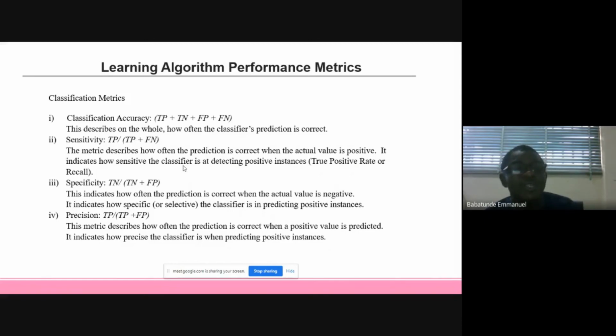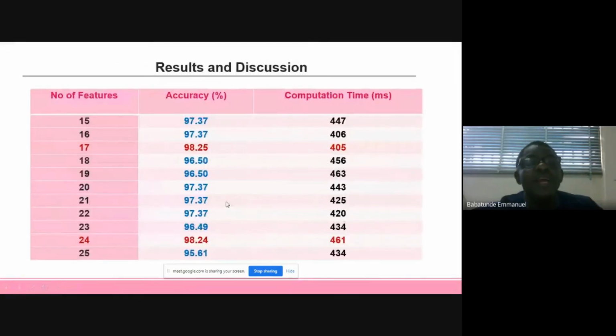And precision is true positive divided by the sum of true positive and false positive. These are standard performance metrics that are used to evaluate the performance of our machine learning model. And here we will just highlight classification accuracy for the purpose of this presentation.